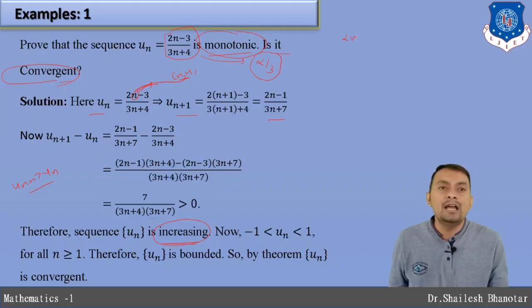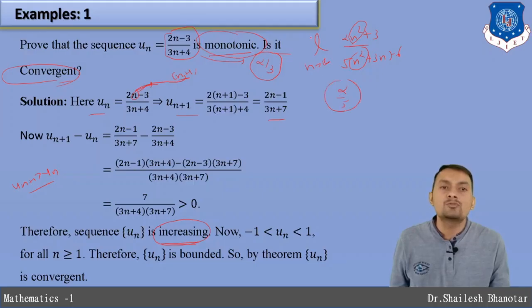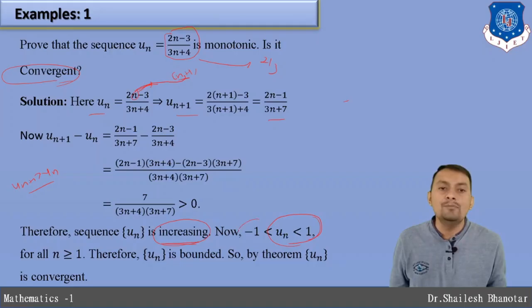For example, if you have 2n square plus 3 divided by 5n square plus 6, the highest power is n square in both, and when you take the limit you will be left with 2 by 5. The same argument applies here. So this number is exactly 2 by 3, which is less than 1. So an upper bound exists.